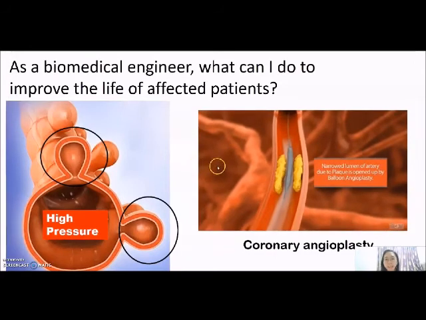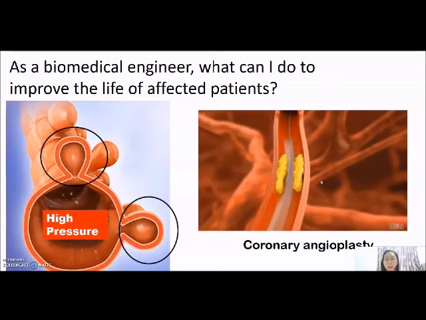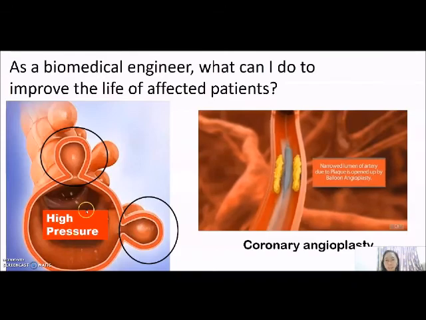Similarly, this technique can also be applied in our colon, especially the narrowest part of our colon, which is the sigmoid colon. So the balloon angioplasty can be inserted into the colon, and the balloon is inflated and deflated several times to expand the lumen of the colon.